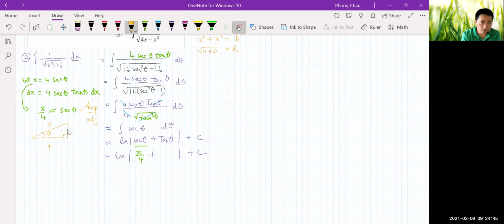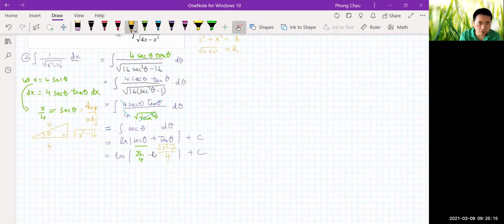Now to solve for the remaining side, you use the Pythagorean theorem again. It'll be x squared minus 4 squared, or 16. So you have the tangent is the square root of x squared minus 16 over 4, right?